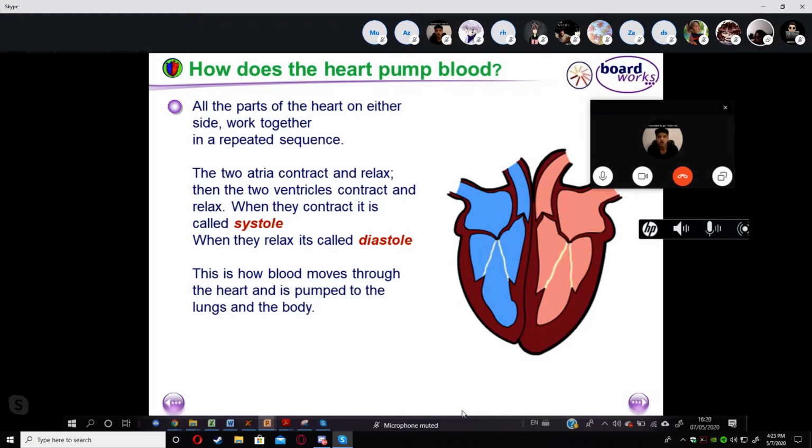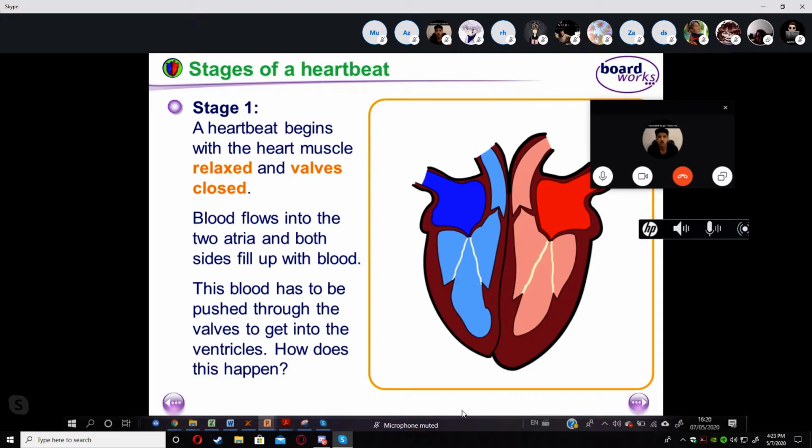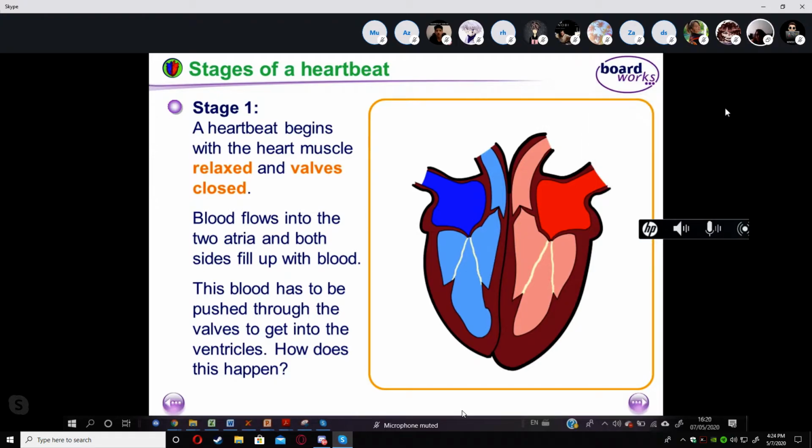Okay, this is how blood moves through the heart and is pumped to the lungs and the body. One complete sequence of contraction and relaxation is called a heartbeat, right? So this is the stages of the heartbeat. Very important. Please go through this very carefully, right?